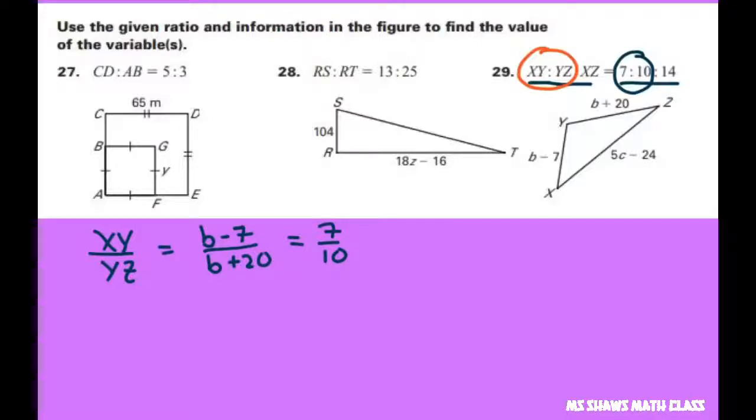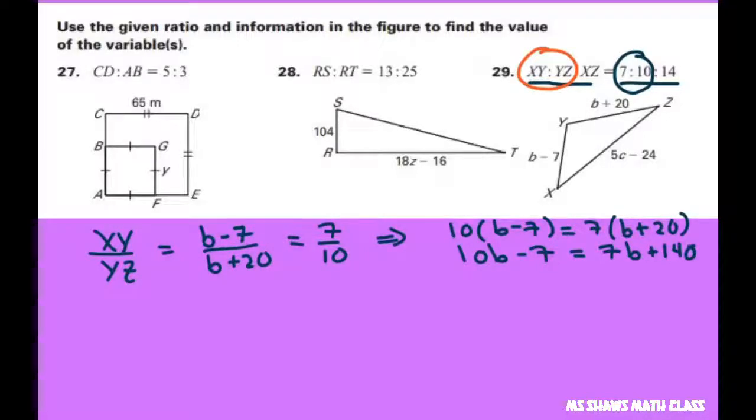So when you cross multiply, you get 10 times B minus 7 equals 7 times B plus 20. That gives you 10B minus 7 equals 7B plus 140.